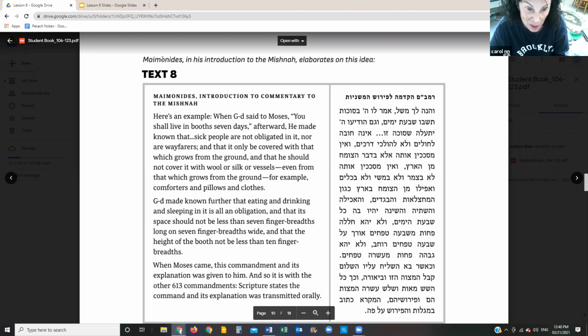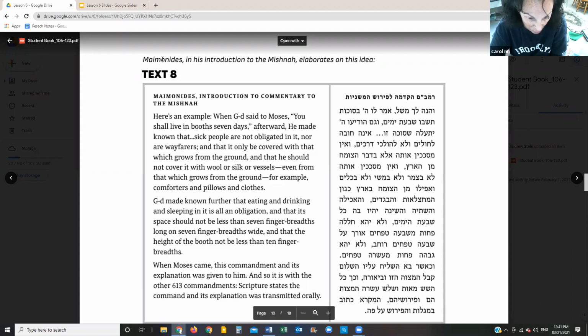For example, comforters and pillows and clothes. God made known further that eating and drinking and sleeping in it is all an obligation, and that its space should not be less than 7 finger breadths long and 7 finger breadths wide, and that the height of the booth not be less than 10 finger breadths.